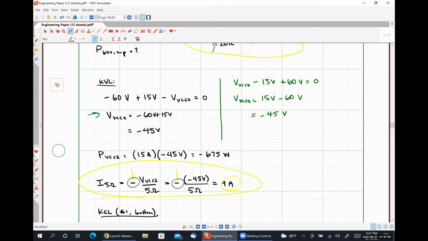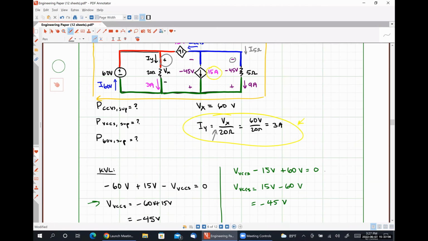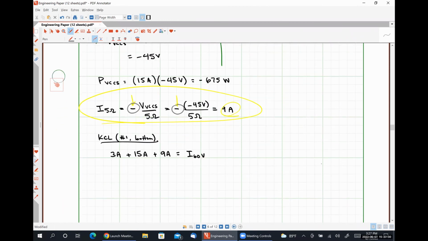And we observed that there is 3 amps flowing into the green node through the 20 ohm resistor, 15 amps flowing into the green node from the dependent current source, and 9 amps flowing into the green node from the 5 ohm resistor. And the only current flowing out of the green node is the current I60V on the left-hand side.